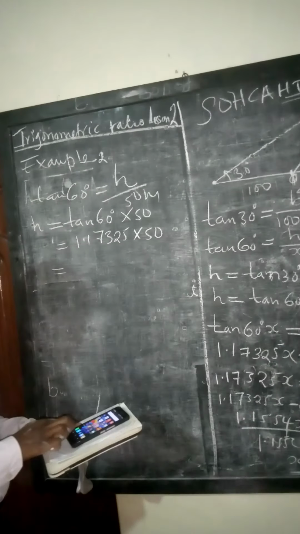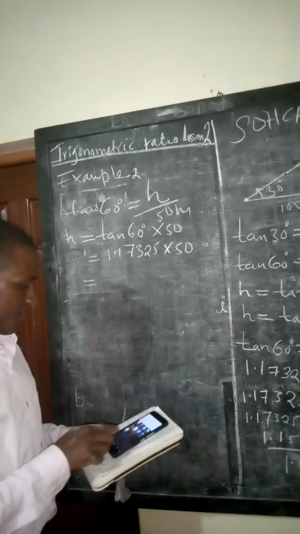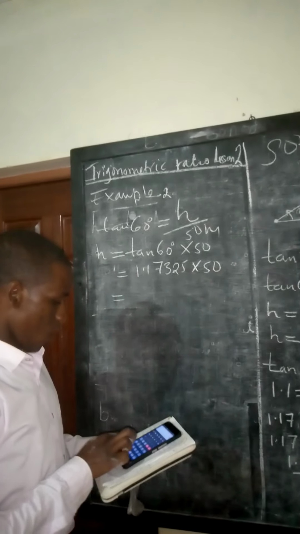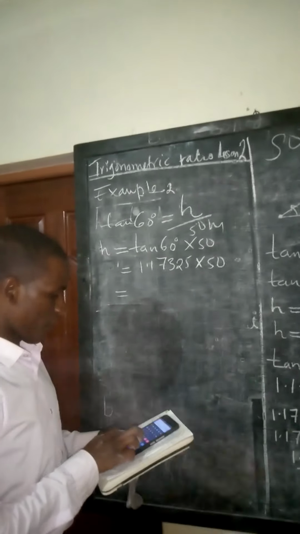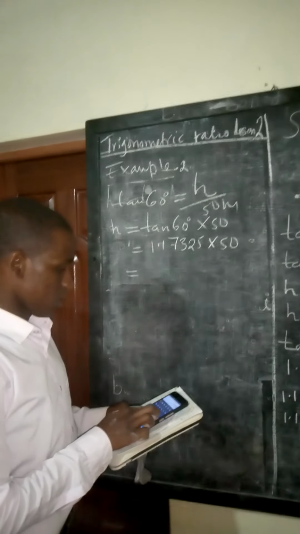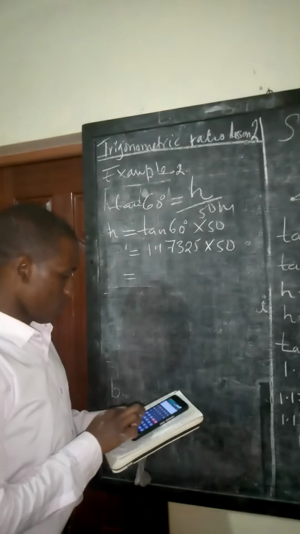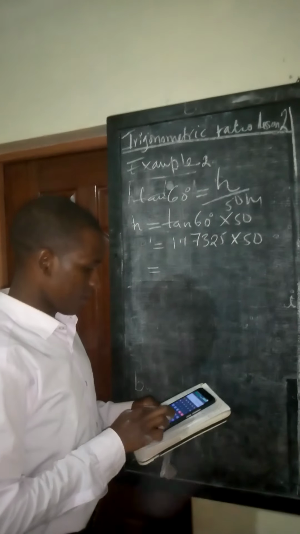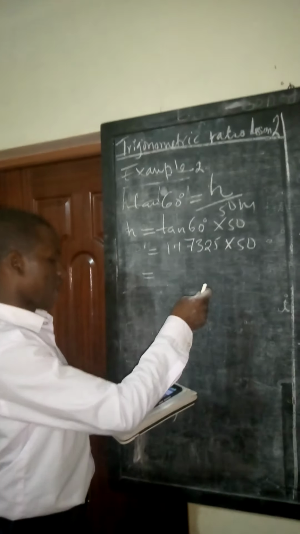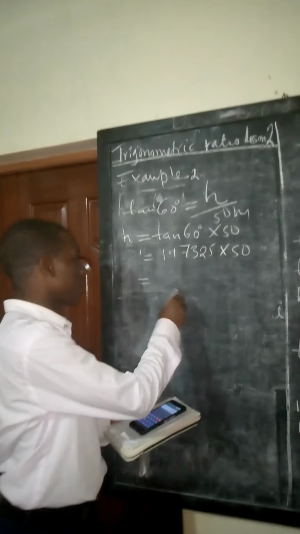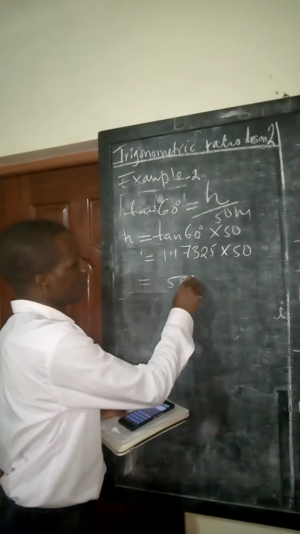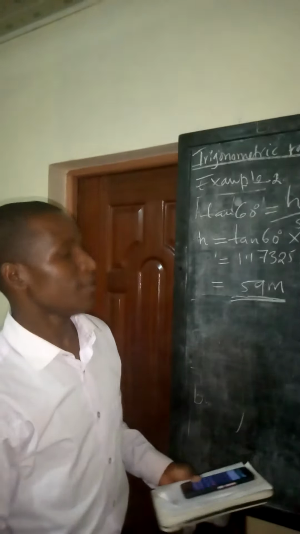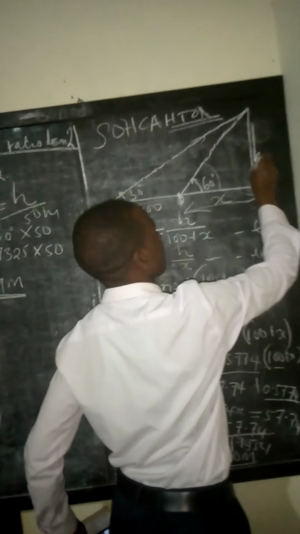So we can multiply using our calculator: 1.17325 multiplied by 50 will give us 58.6625, so we can call it 59 meters. That is the height of the building. That is 59 meters, the value of h here.